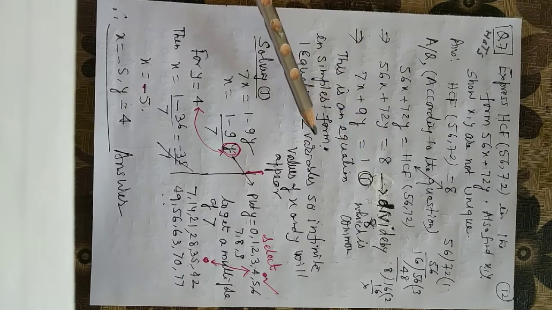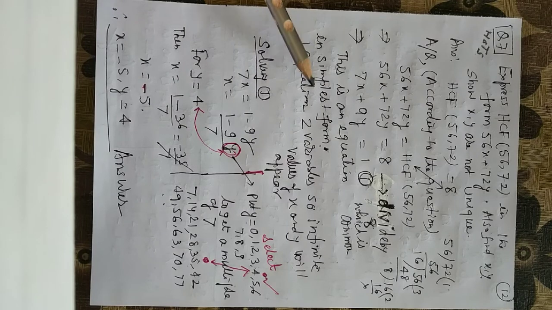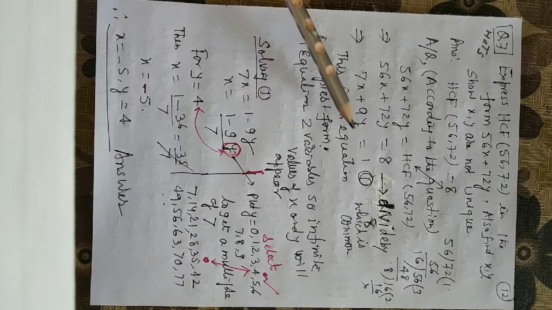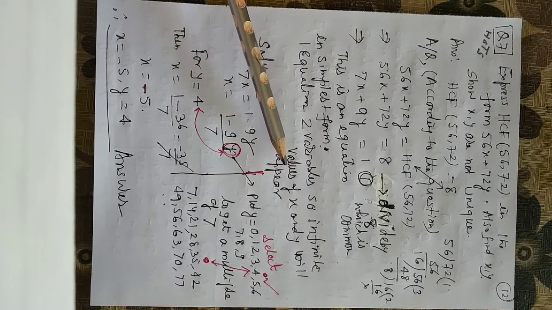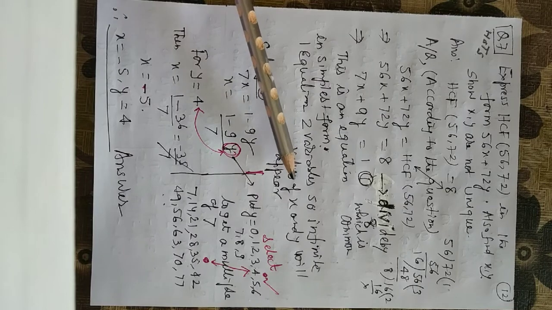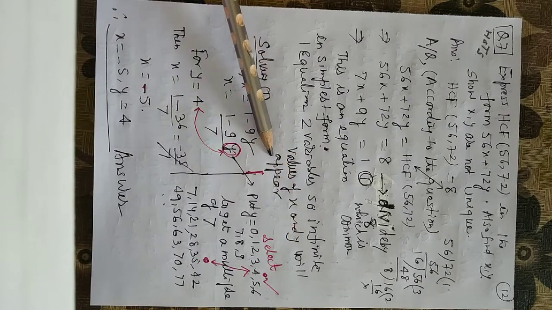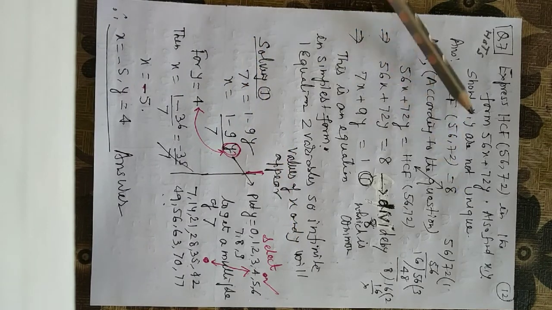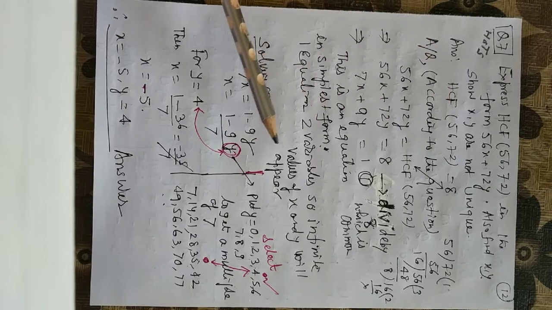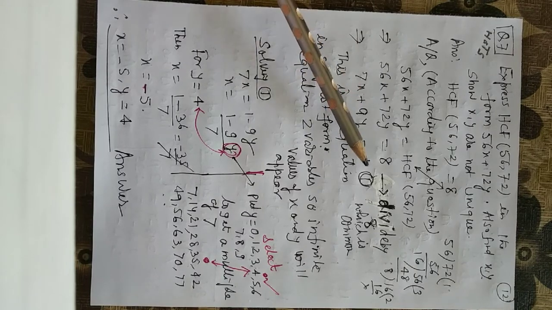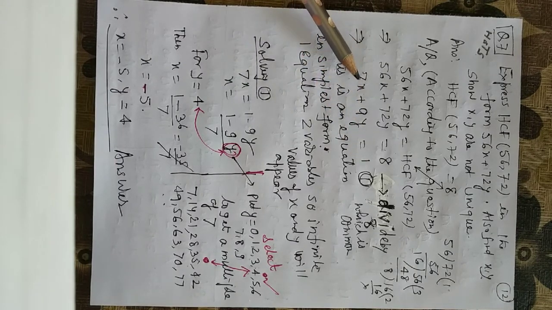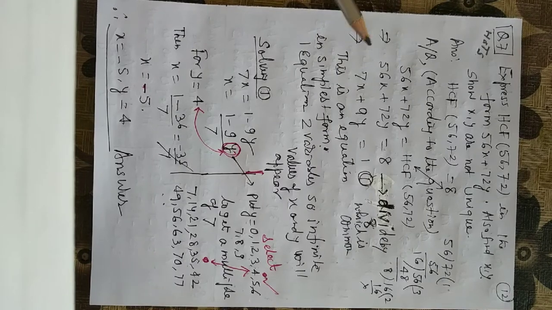This is one equation with two variables, so infinitely many values of x and y will appear. So not unique. Not unique means there will be many x's and many y's.